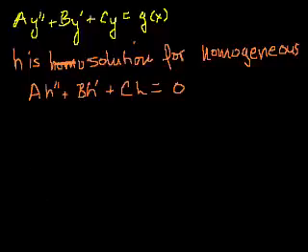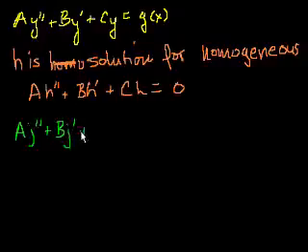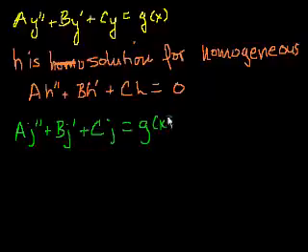Fair enough. Now let's say that I were to say that g is a solution. Well, no, I already used g up here. Let's say J. Let's say J is a particular solution to this differential equation. So what does that mean? That means that a times J prime prime plus b times J prime plus c times J is equal to g of x.